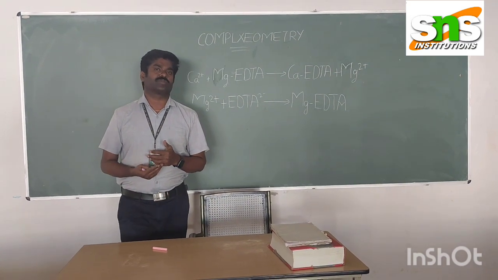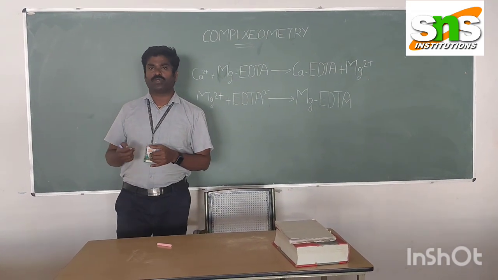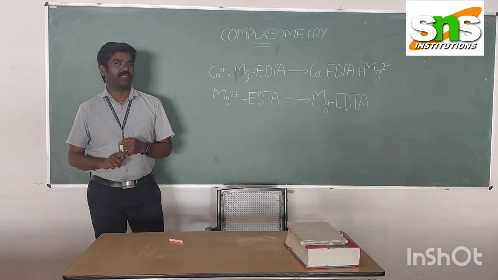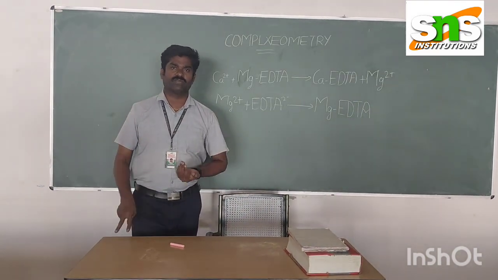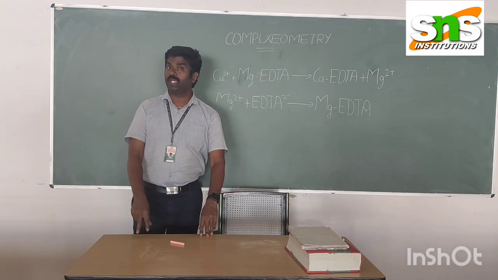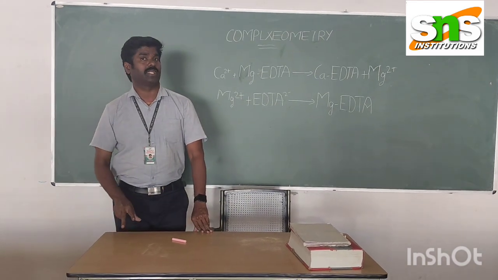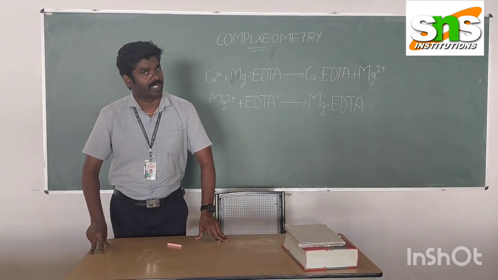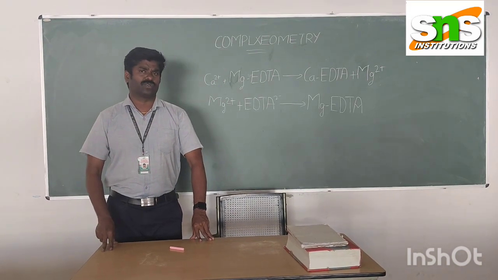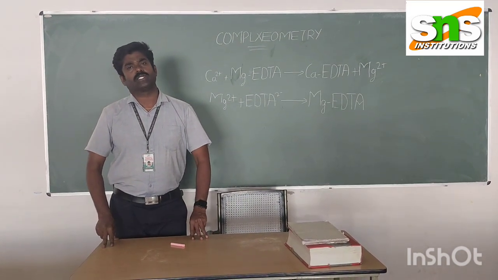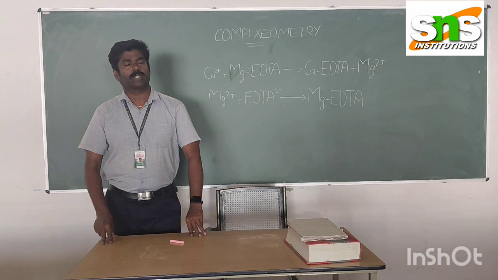These are the three concepts we need to remember. We can provide the right pH with ammonia or other buffers, but we need to maintain the pH. The entire process needs a pH of about 9 to 10. And disodium EDTA is normally used as the titrant here.